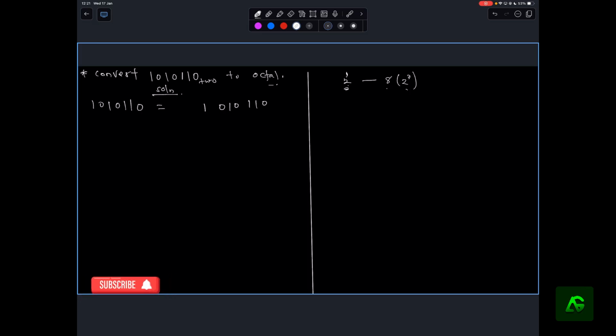Look at something. We have 2 to 8, right? And this 2 is still equal to 2 to the power of 1, so 8 is equal to 2 to the power of 3. You will notice that both of them are in the same base. So the power of these 2 for the 8 tells us the grouping.